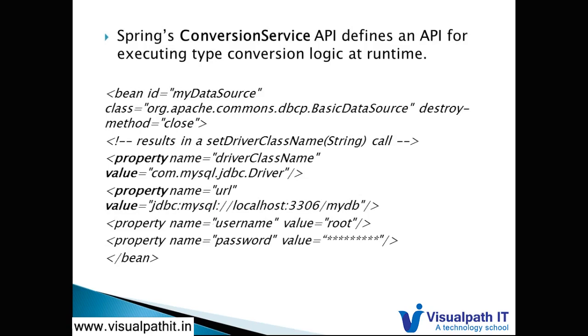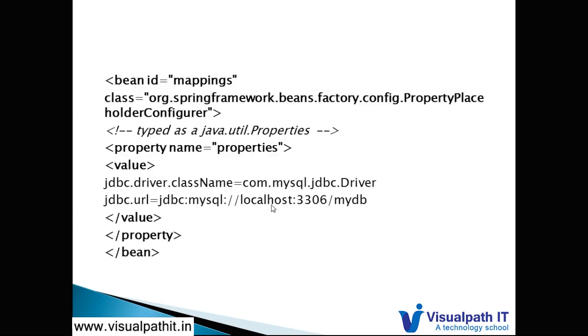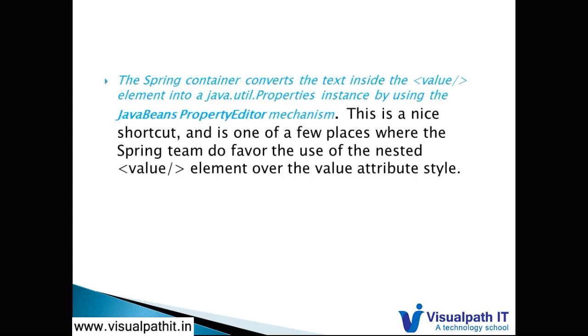There is an API called the Conversion Service API within Spring, which defines an API for executing type conversion logic at runtime. It helps in type conversion logic execution at runtime. So this is the way we can represent using the primitives. What exactly does the core container do?